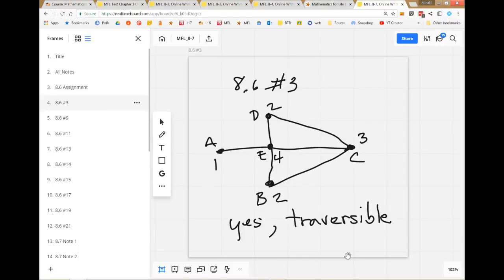I'm just trying to find the page in the book where this is. Oh, it is 8.6. It's on top of page 566. If you have no odd vertices, then it's traversable. And if you have 2 odd vertices, it's traversable. If you have more than 2, it's not. So like you said, 0 or 2.